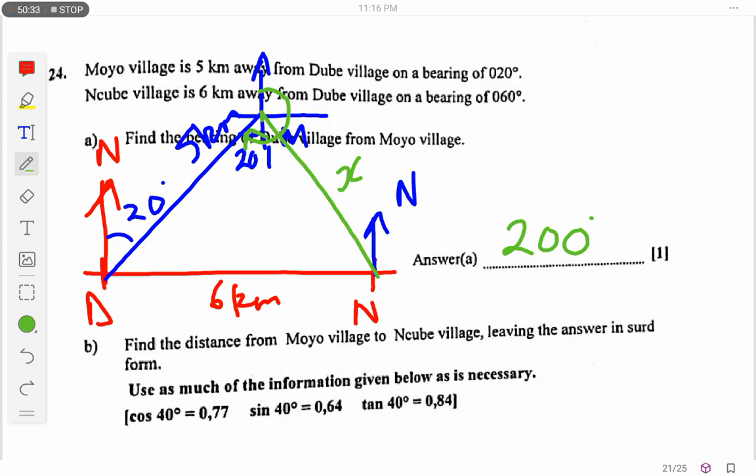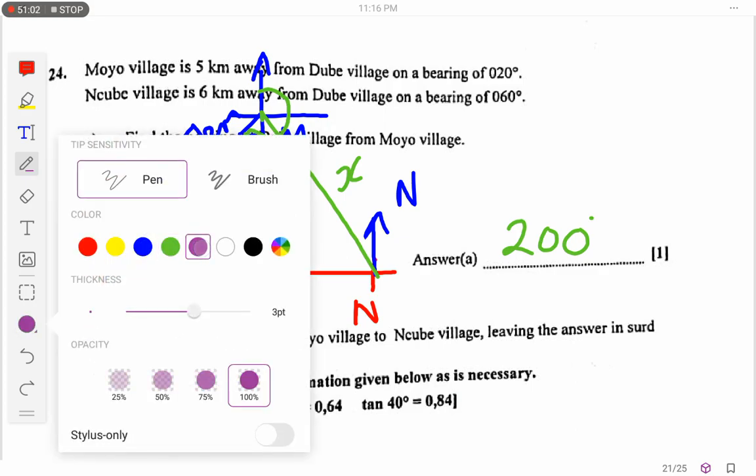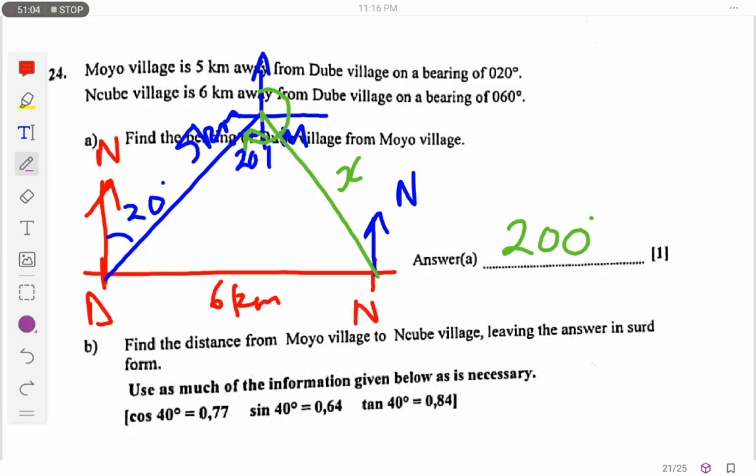Now they are saying find the distance from Moyo to Dube. So basically we are looking for x, the x that I've highlighted there. And we have a triangle. The bearing of Dube to Moyo is 60, so the angle between these is going to be 40.